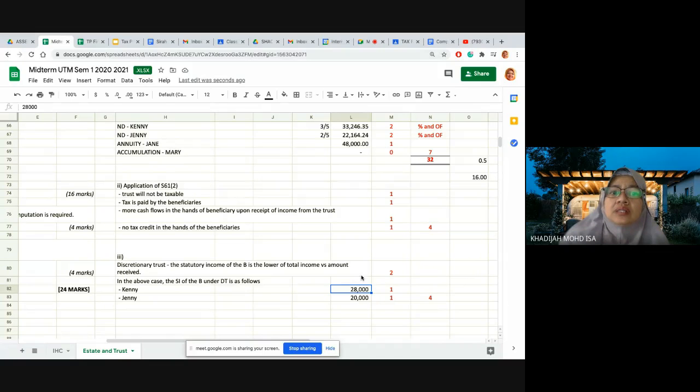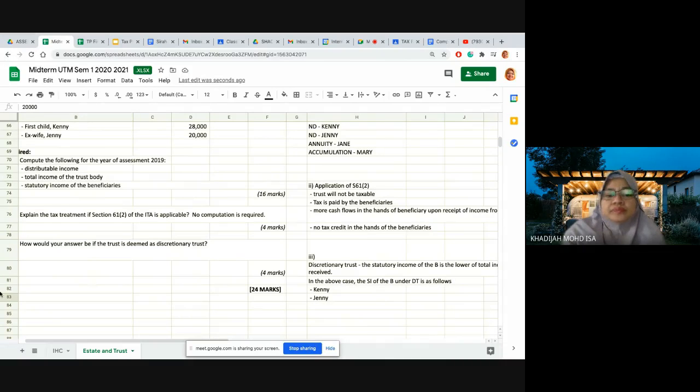So Kenny, for example, is 33 here, but the actual receipt is 28, so you take 28,000. Jenny here is 22,000, but actually received 20, so you take the lower of. So here you show me all these things, you get another 4 marks. So that is question number 1 and 2.